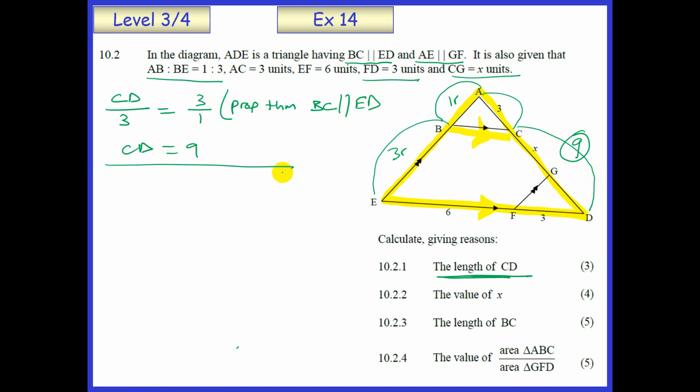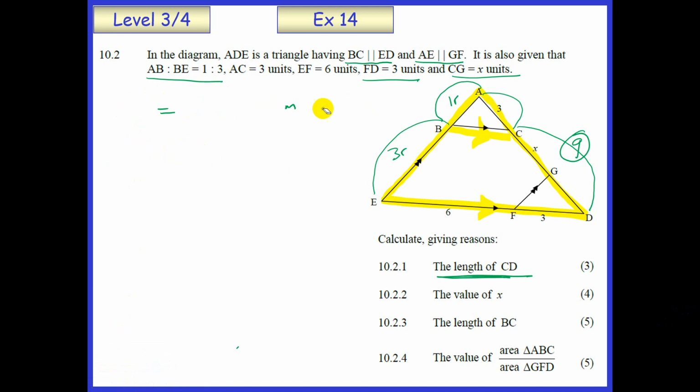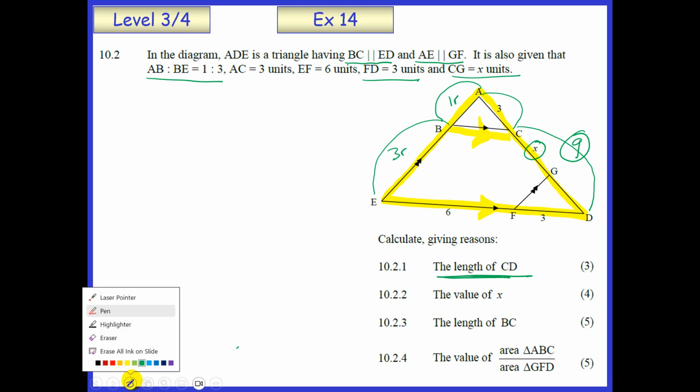Okay, moving on. The next question wants us to find the value of X. Now, if we inspect the diagram, I'm going to use my eraser first just to clear some space for us. And if I look at X, X is actually part of CD.